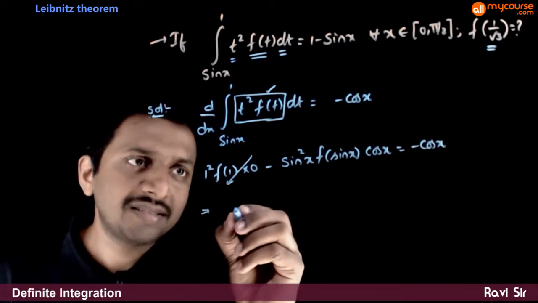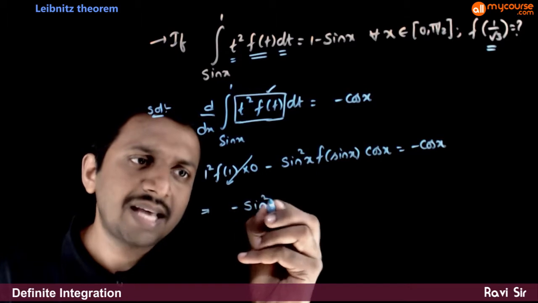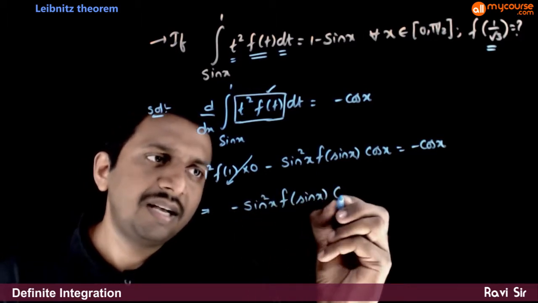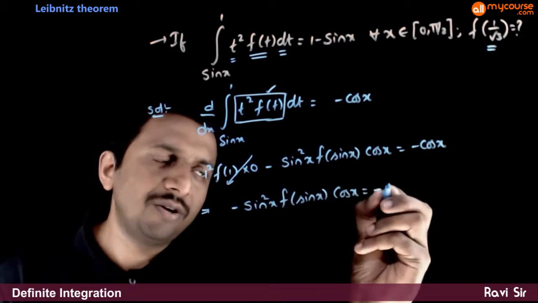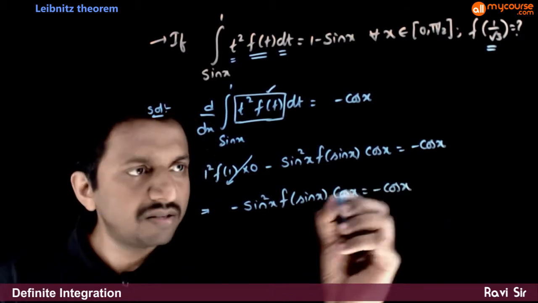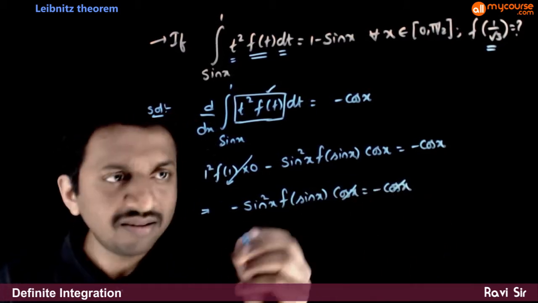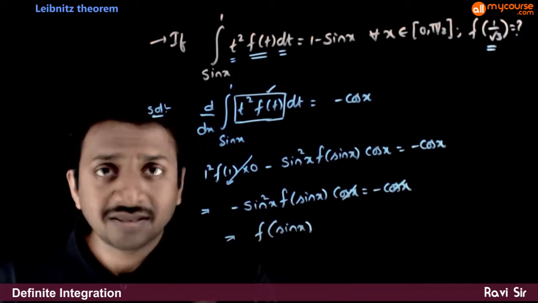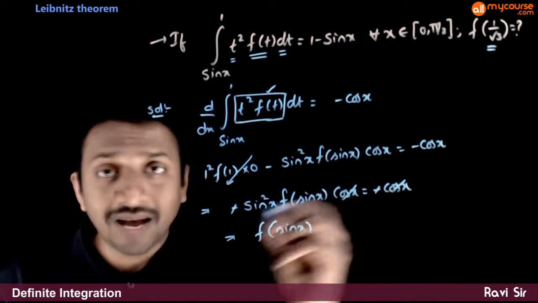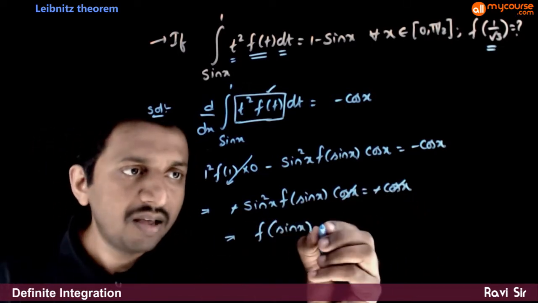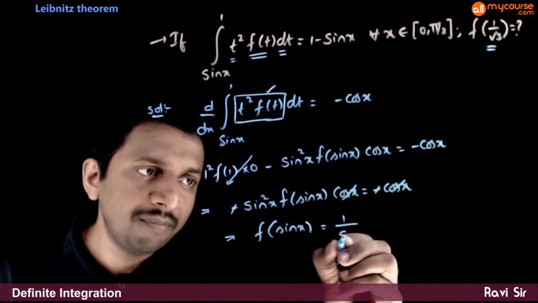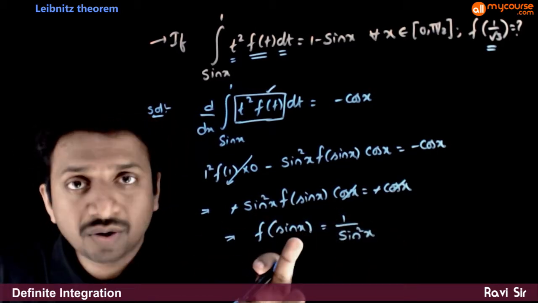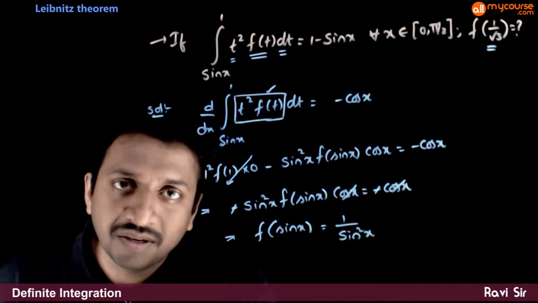So this implies minus sin square x f of sin x times cos x is equal to minus cos x. So this cos x and cos x get cancelled. This minus and this minus also get cancelled. This implies f of sin x is equal to 1 by sin square x. So if sin x goes inside, 1 by sin square x comes out.